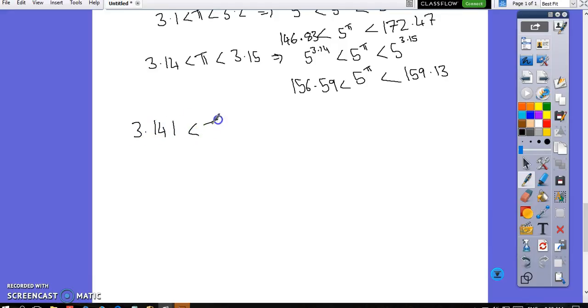So we then know it's between 3.141 and 3.142, because it's 3.145 something. I'll leave out my middle step of raising it to these powers.